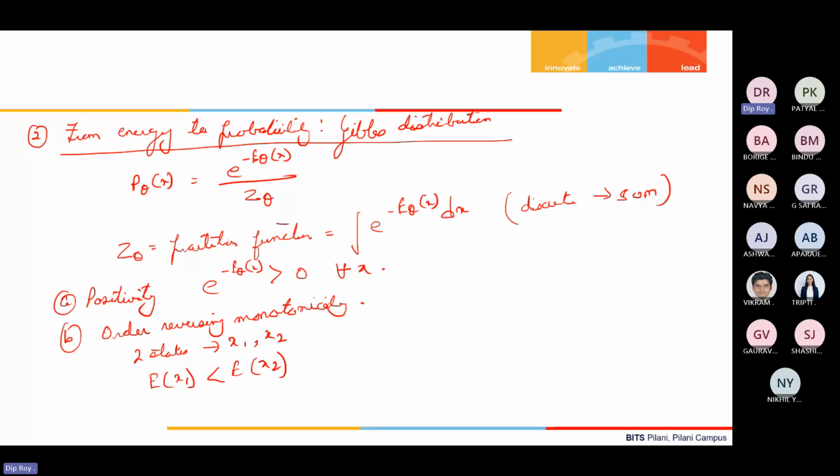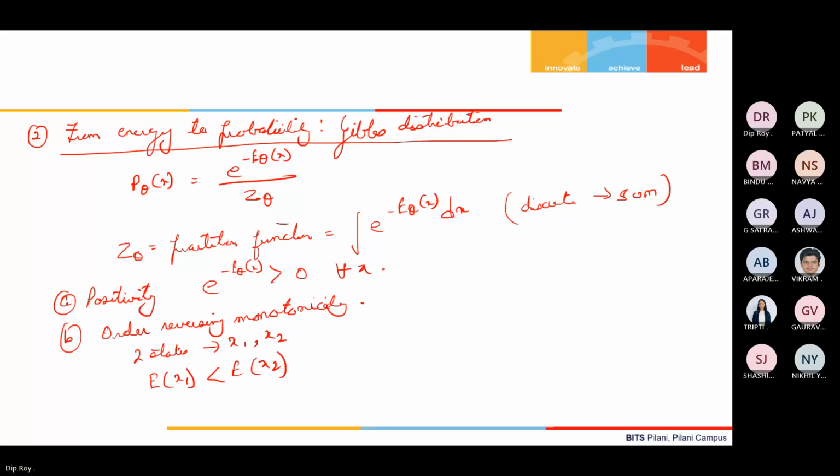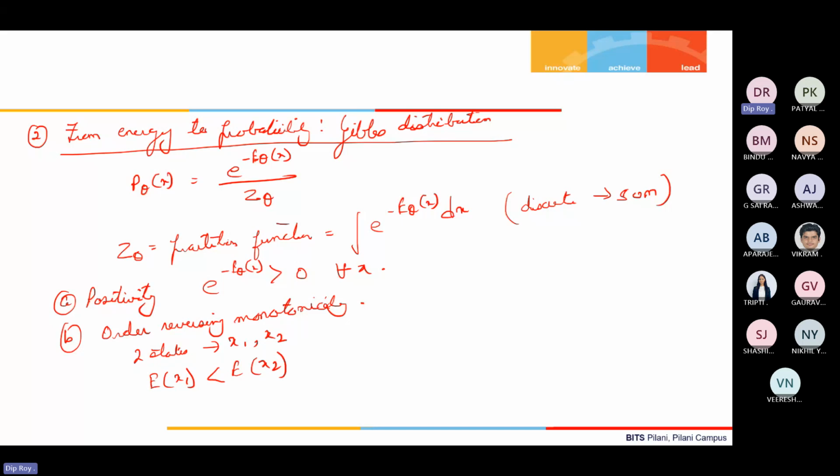All right, so what exactly do we mean by that? Most of the things in this world are in equilibrium. And when things are in equilibrium, obviously the probability of finding that particular state in equilibrium is much more than finding it in a state of non-equilibrium or a high energy state. If we relate this concept to statistical physics, that essentially means low energy equals high probability and high energy equals low probability.